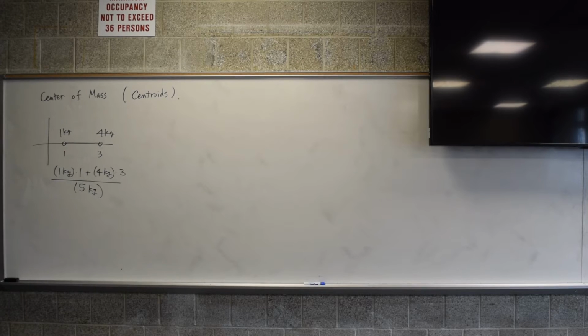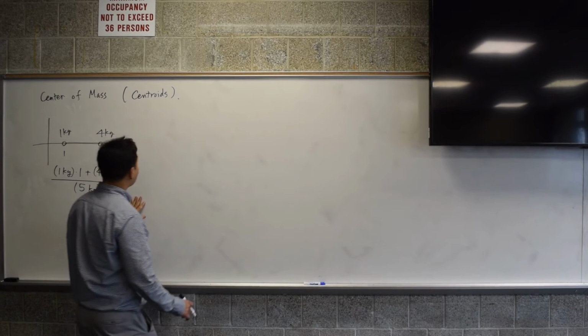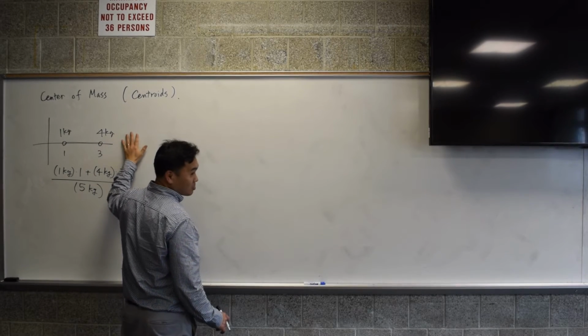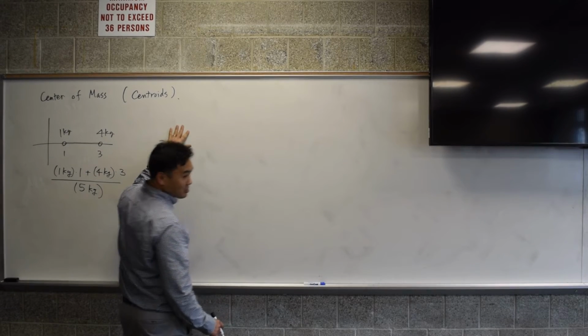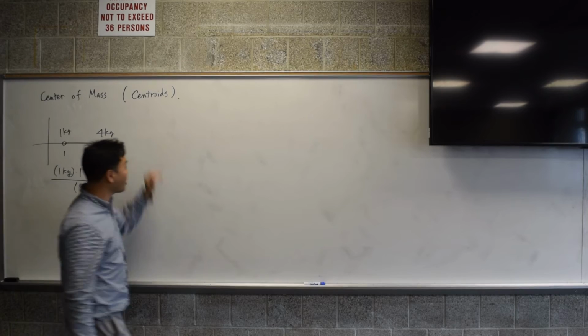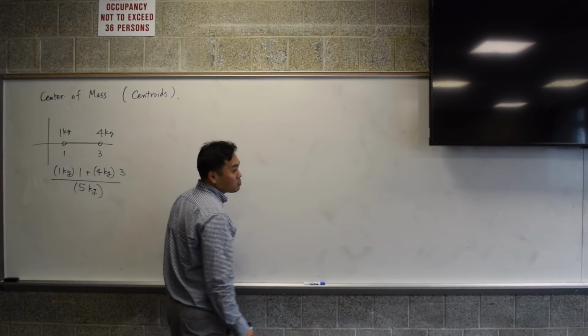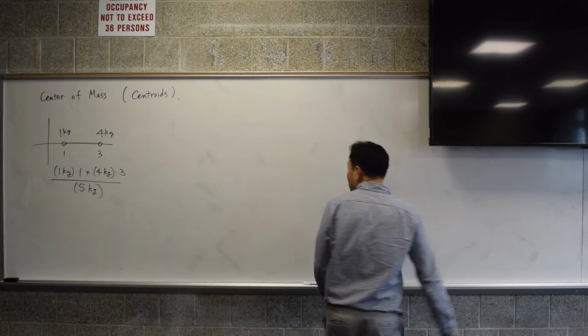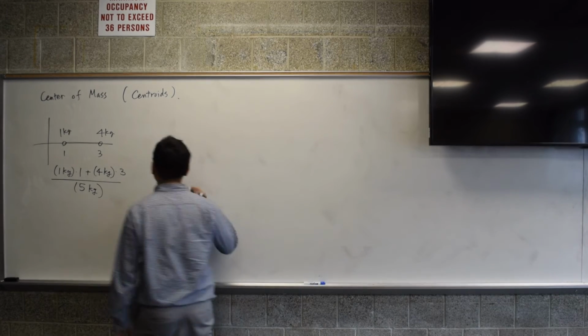Makes sense, right? All right, next, what I want to do now is to actually do a leap from this easy stuff to something much harder. So how would you find the center of mass for a 2-dimensional shape?